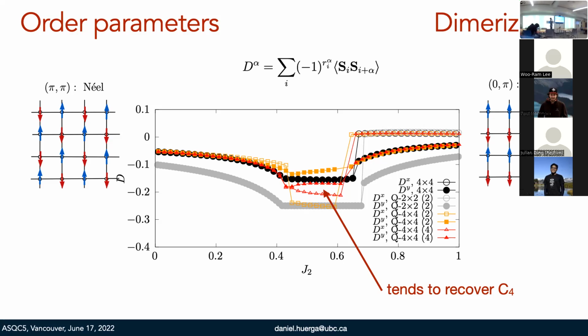So again, another sign that by increasing the number of macro layers, we may find more and more accurate results towards the classical cluster-Gutzwiller. Question? Yes.